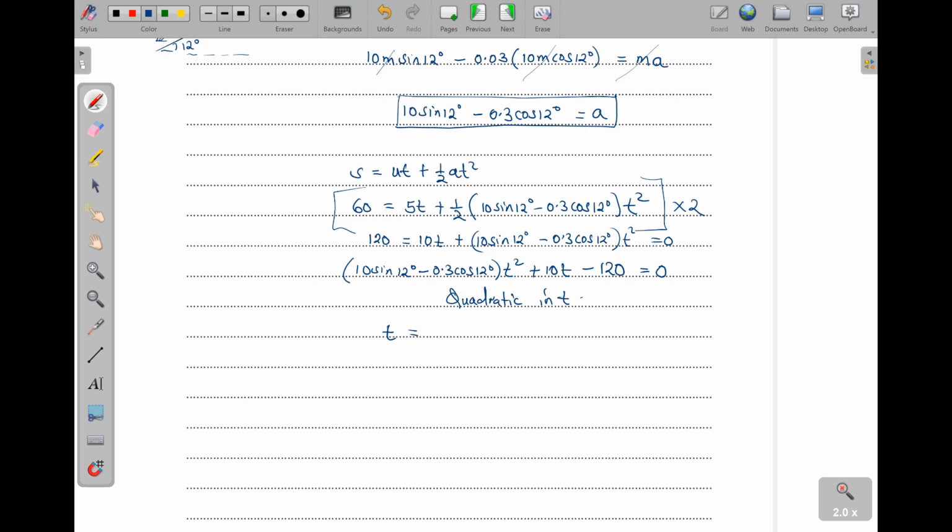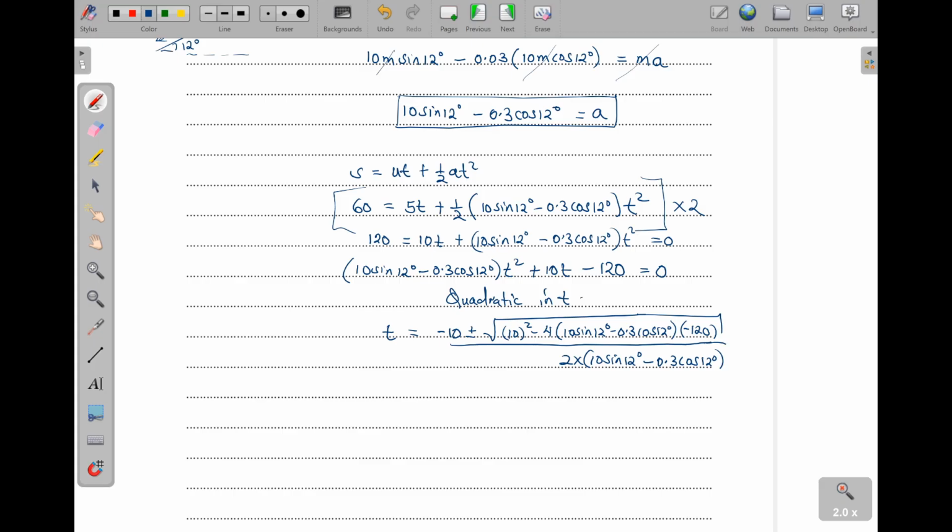So t is equal to minus b, that's minus 10, plus or minus the root of 10 squared minus 4 times a, where a is 10 sine 12 minus 0.3 cos of 12, and c is negative 120, all over 2a, and a is again 10 sine of 12 degrees minus 0.3 cosine of 12 degrees.